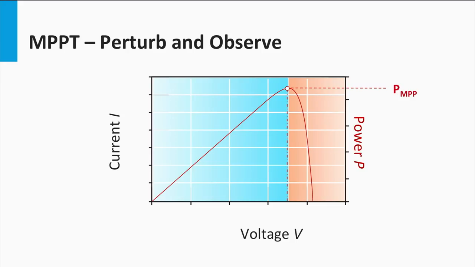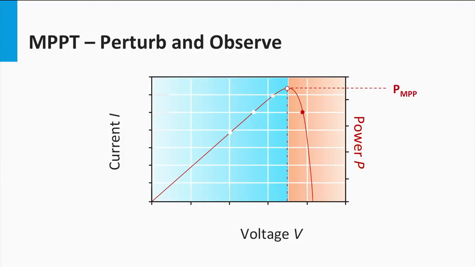In this algorithm, a perturbation is provided to the PV module or array voltage. This would translate to an increase or decrease in power. If an increase in voltage leads to an increase in power, this means that the operating point is to the left of the maximum power point, and hence further voltage perturbation is required towards the right to reach the maximum power point.